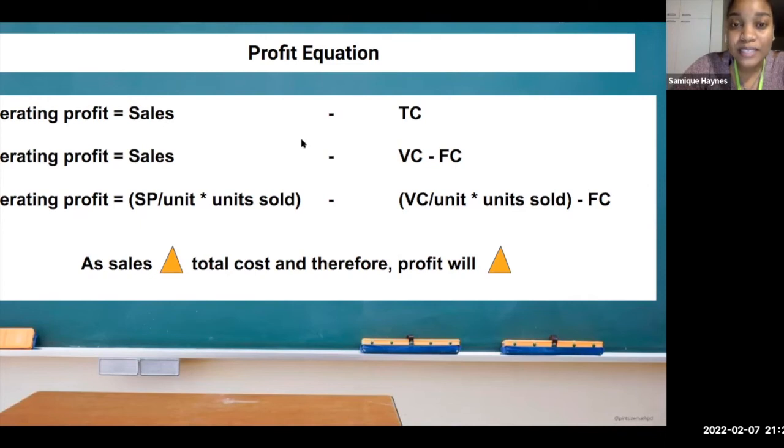So on this page, I'm just showing you how we can break down a profit equation, so you can really see the parts that are affecting profit. Selling price per unit affects profit. The units sold affects profit. Variable cost per unit affects our profit.